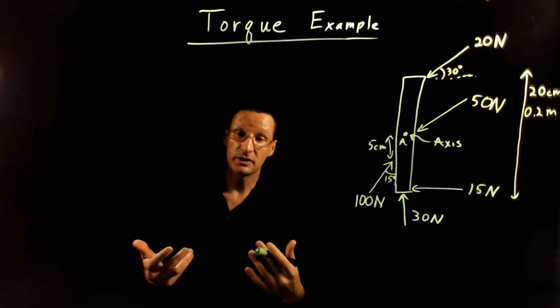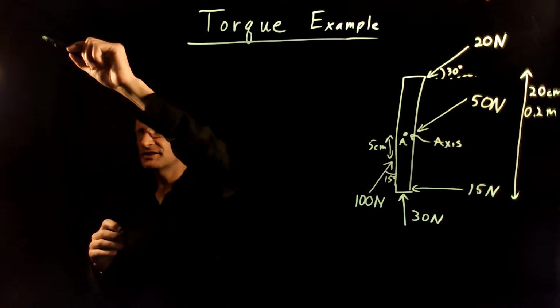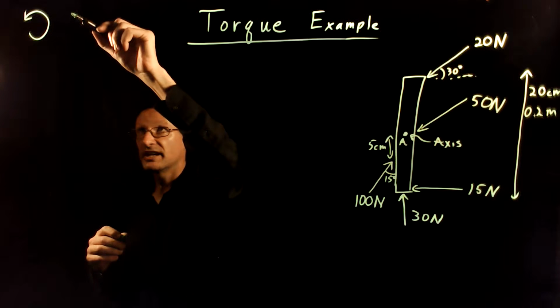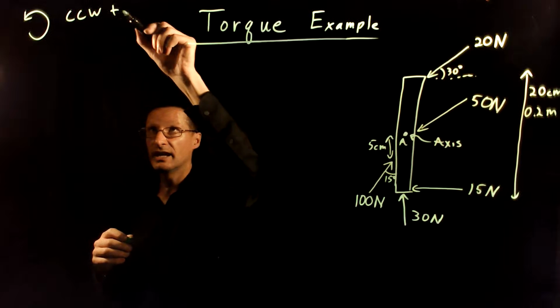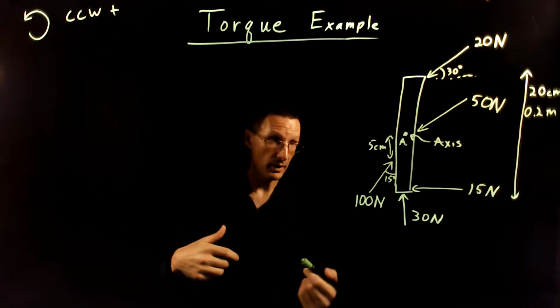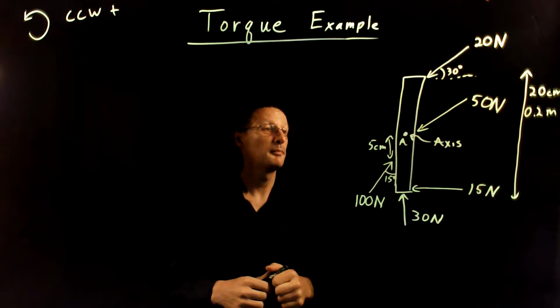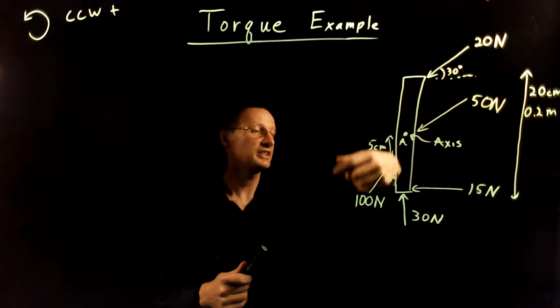The other thing you always want to do is identify a positive direction of rotation. By convention, counterclockwise is positive. Okay, that means clockwise is negative. So as you see it, this direction is going to be positive, and then this direction will be negative.